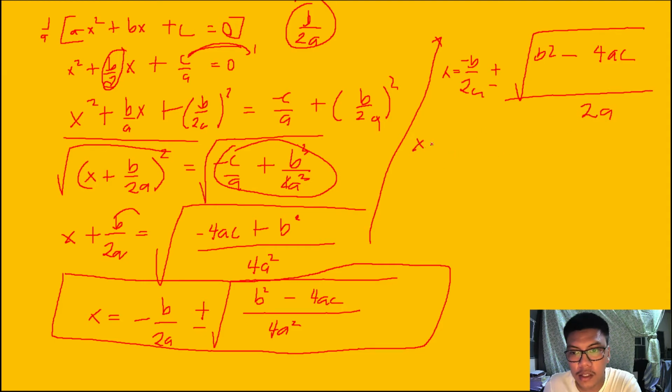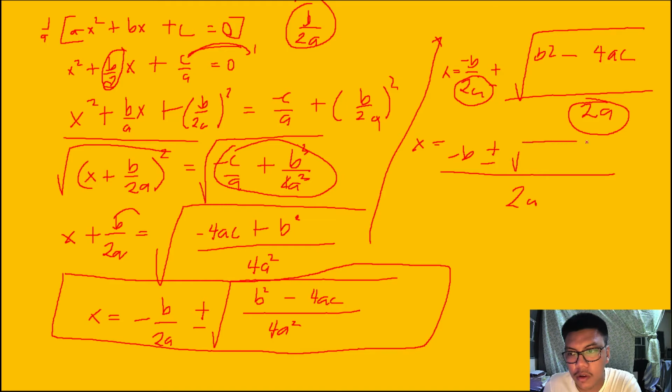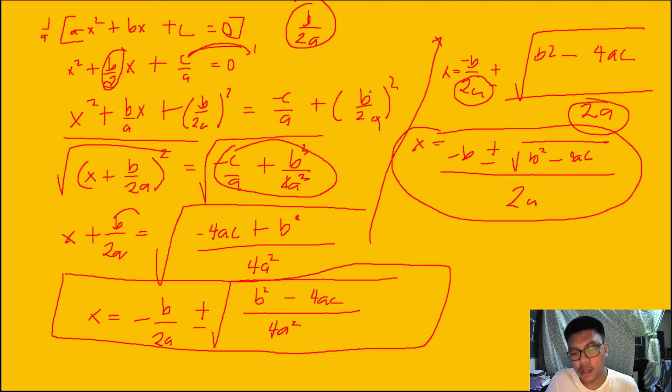So we have x is equal to, since common yung denominator, pwede natin sila pag-isahin. So we have 2a denominator, then we have negative b plus or minus square root of b squared minus 4ac. Okay, yun lang naman yun. Ganun lang siya kadali. Yun yung ating quadratic formula. Then we can apply that to problems.